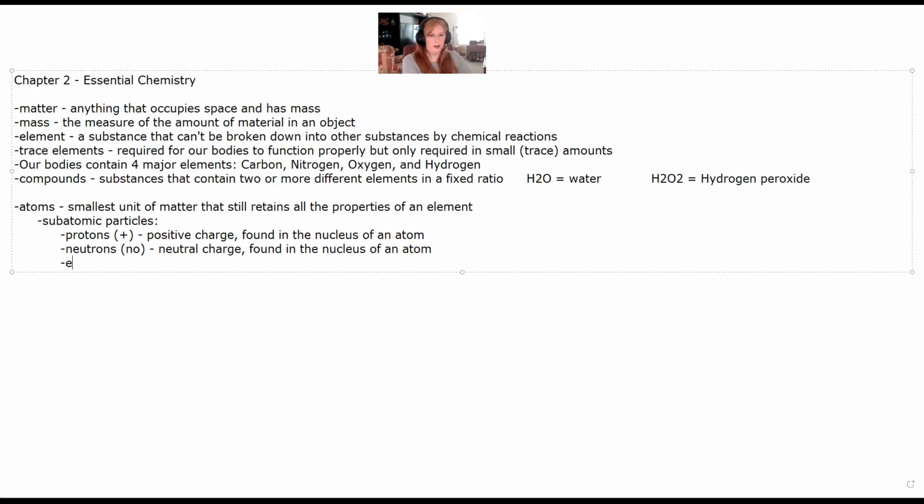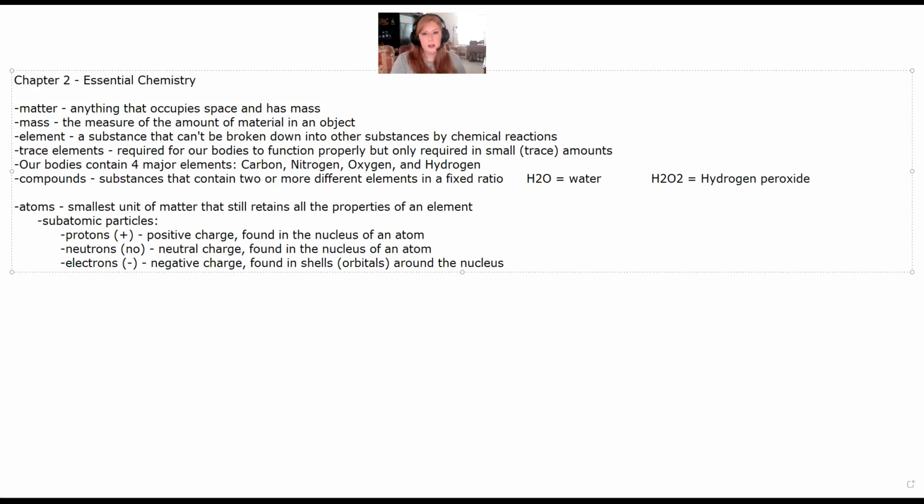And then finally, we have our electrons, which have a negative charge. And these are found in shells, sometimes called orbitals, around the nucleus.